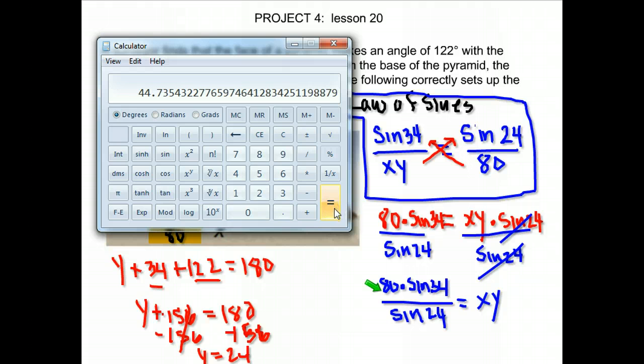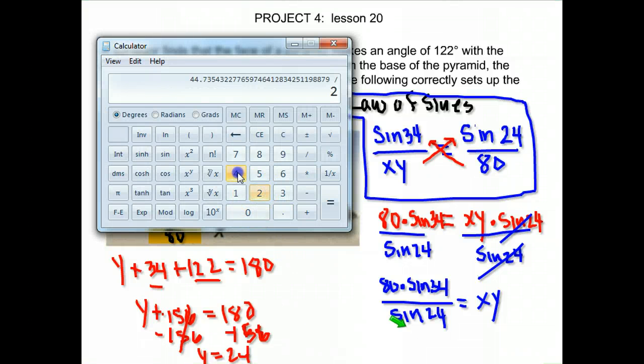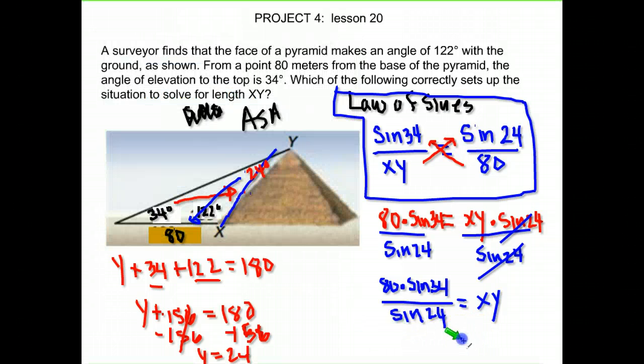I go times 80. And then divide by the sine of 24. So 24 sine, make sure this number right here is the sine of 24. Then make sure you push equals to find your answer. And I find that xy is equal to 109.98.